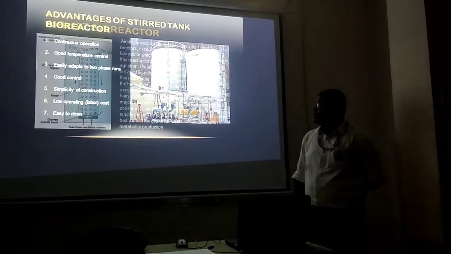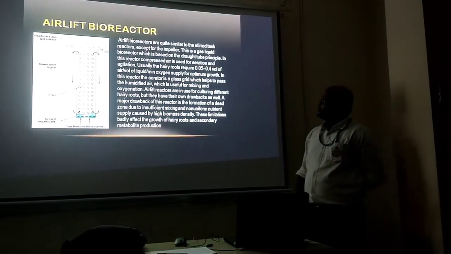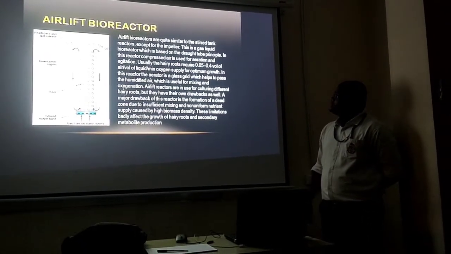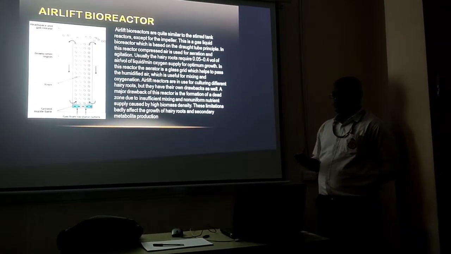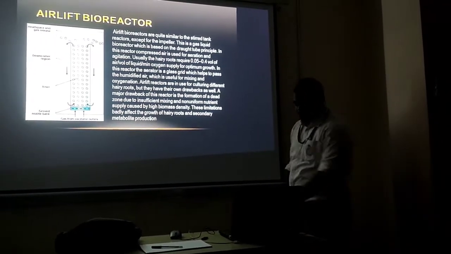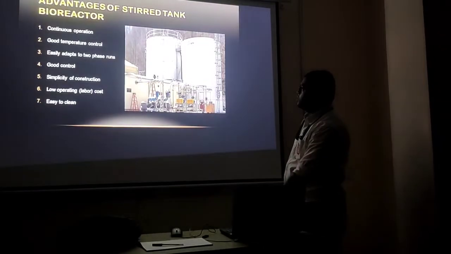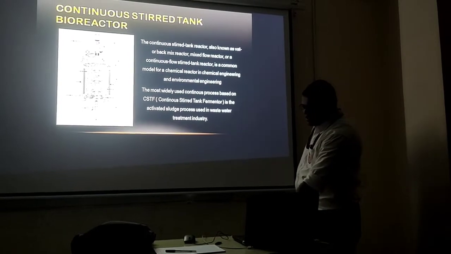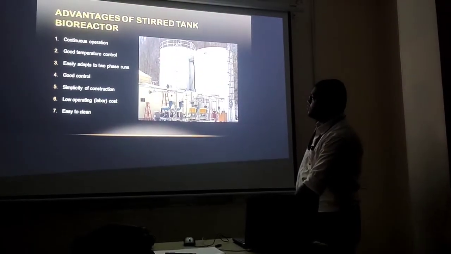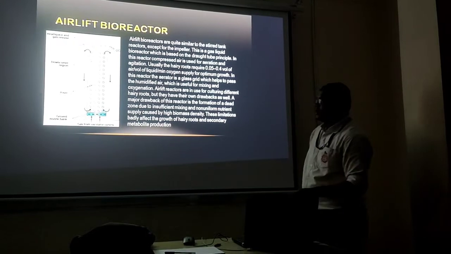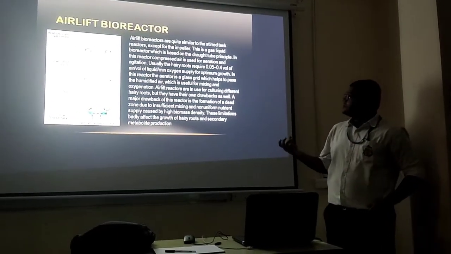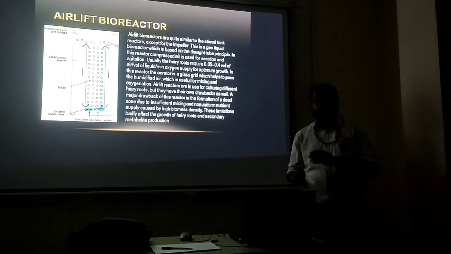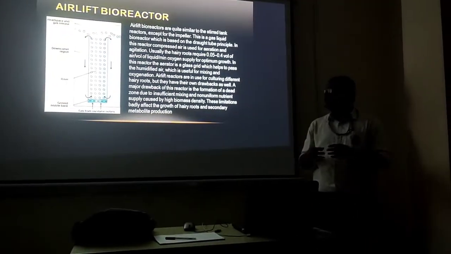Coming to the second one, the airlift bioreactor. Airlift bioreactors are quite similar to stirred tank reactors, except for the impellers. In continuous state bioreactors, the impellers are at the bottom of the reactor, whereas in an airlift bioreactor there are no impellers, but there is a gas outlet at the bottom of the reactor, where the gas is forced through and the reaction goes on.